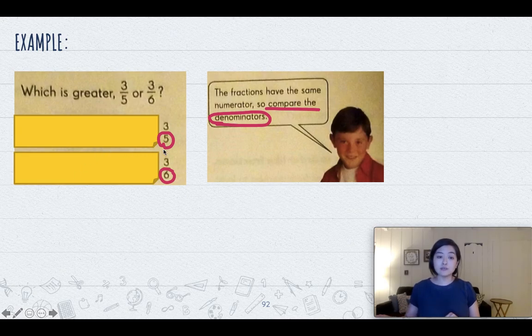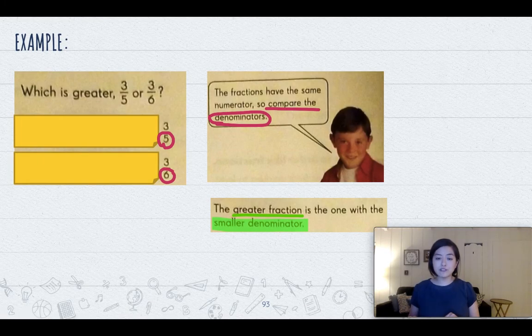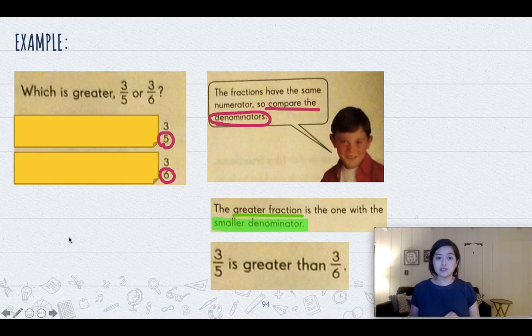So here's my denominator of 5 and 3/5. Here's my denominator of 6 and 3/6. The greater fraction is the one with the smaller denominator. So let's see, 5 or 6, which one's smaller? 5 is smaller, so that's the greater fraction, 3/5. 3/5 is greater than 3/6, according to that rule.